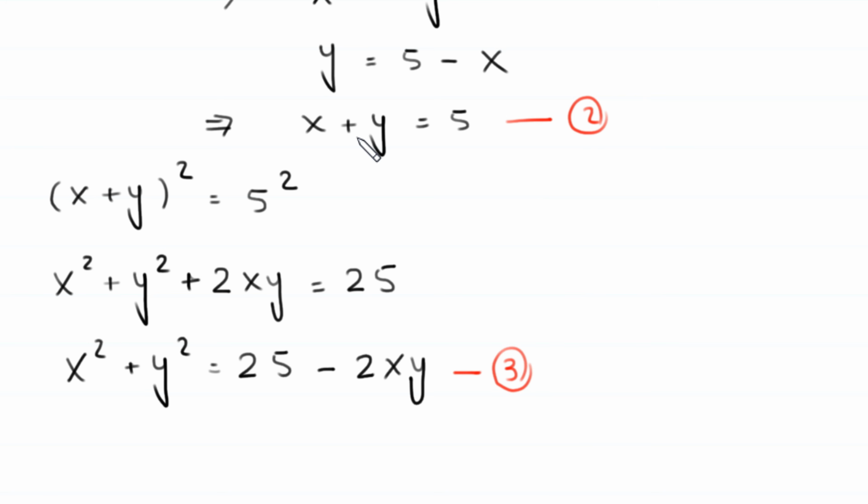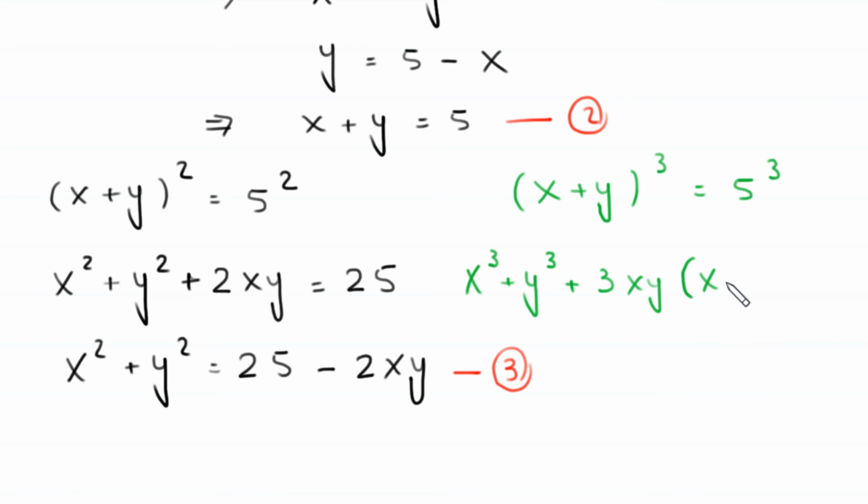And we take a cube of both sides of this equation. This will become x plus y whole cubed equal to 5 cubed. This left hand side will expand: x cubed plus y cubed plus 3 times xy times x plus y equal to 5 cubed, which is 125.